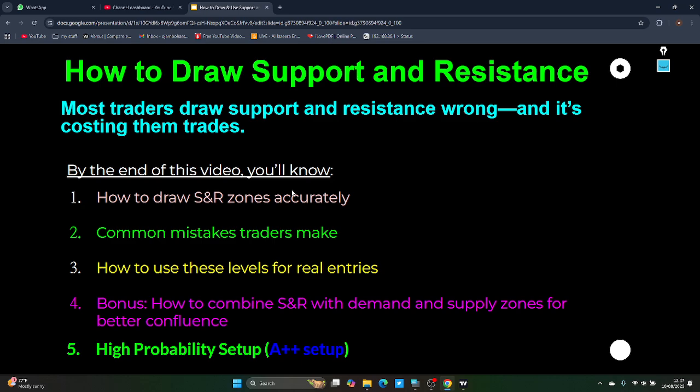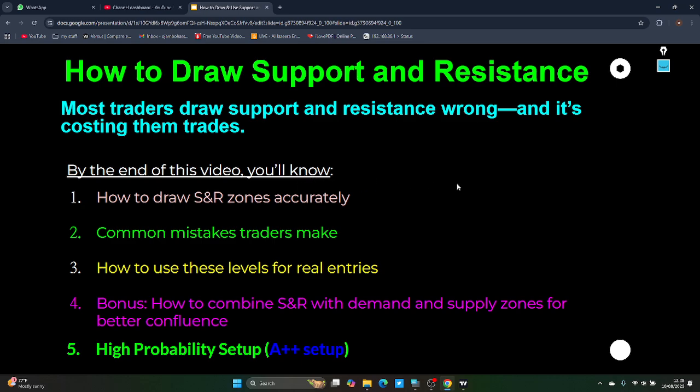The last one is high probability setups. I'm going to show you what a high probability setup looks like, or give you a sample of what I consider to be a high probability setup.